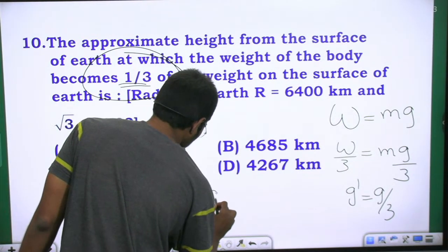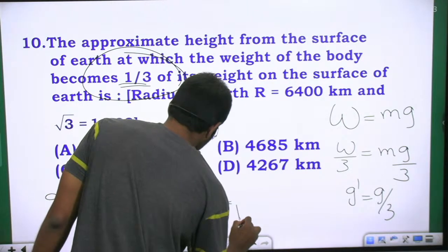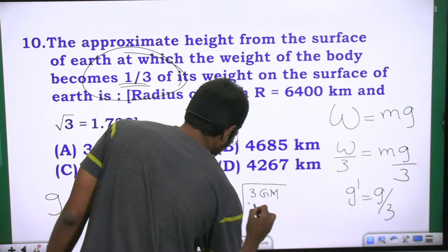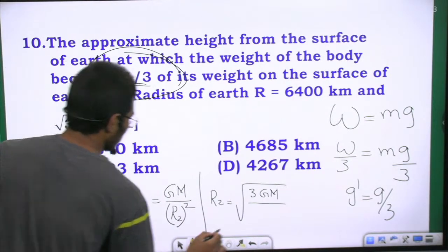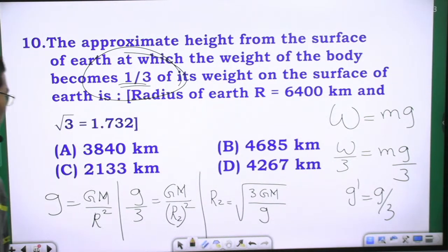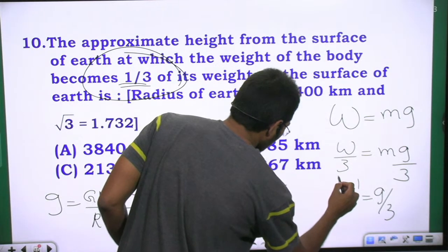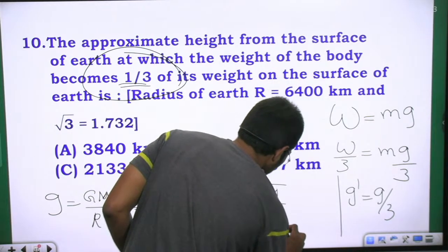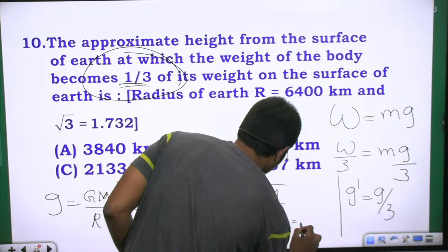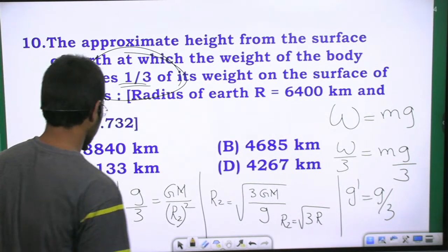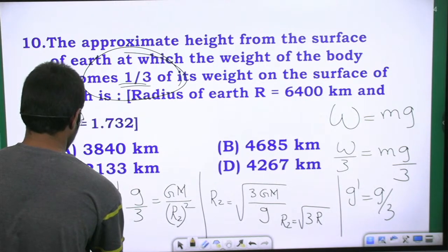R2 is equal to under root of 3GM by small g, right? What is g? g is capital GM by r square. So what do we get? R2 is equal to under root 3 R1 square.